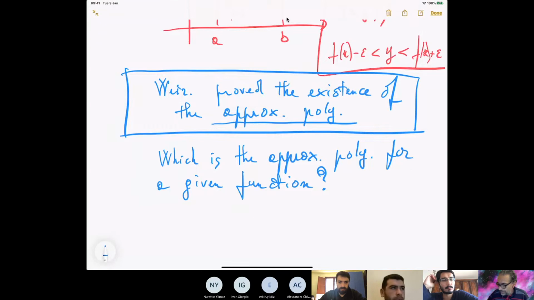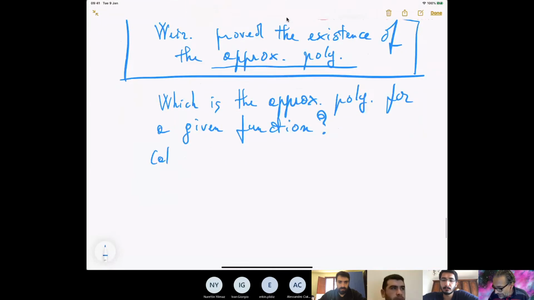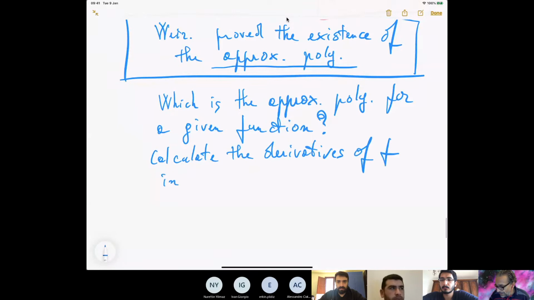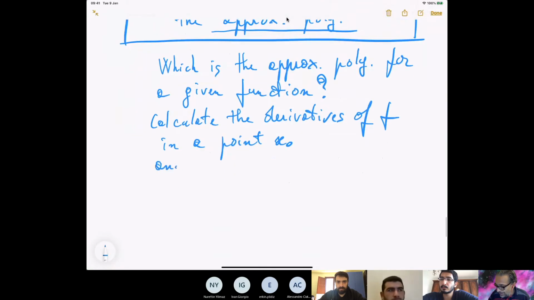Taylor tells you, calculate the derivatives of f in a point x0 and build the Taylor expansion.